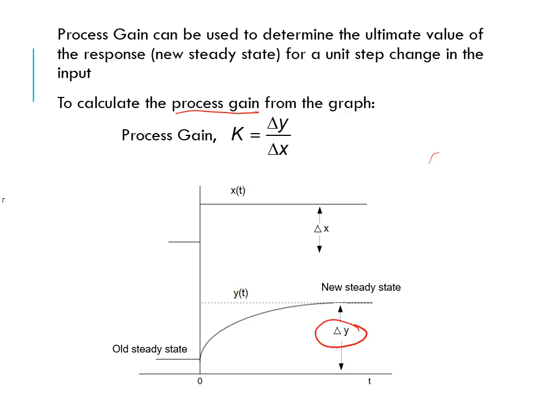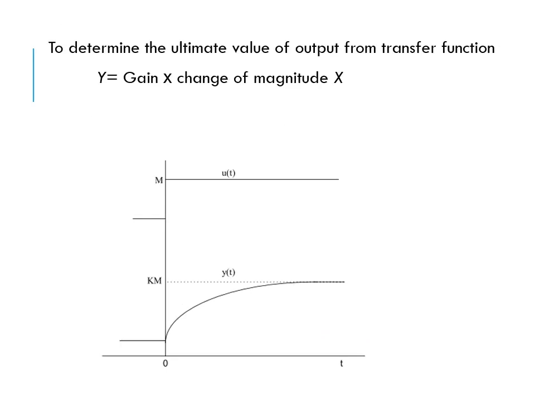Delta y is the new steady state obtained from the process response curve, while delta x is the change made in the step input. To obtain the ultimate value of the output from the transfer function, you can use this formula: y is equal to gain multiplied by the change in magnitude x. This is how you find the ultimate value of the output transfer function.